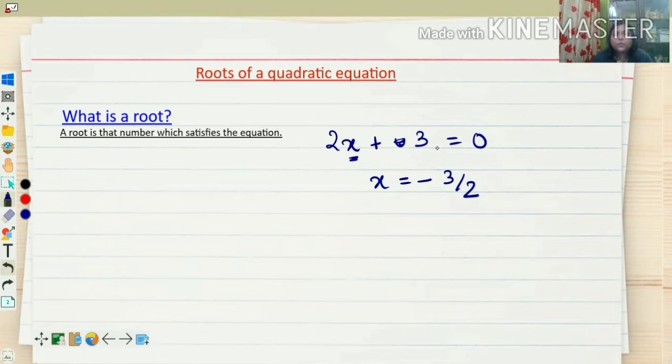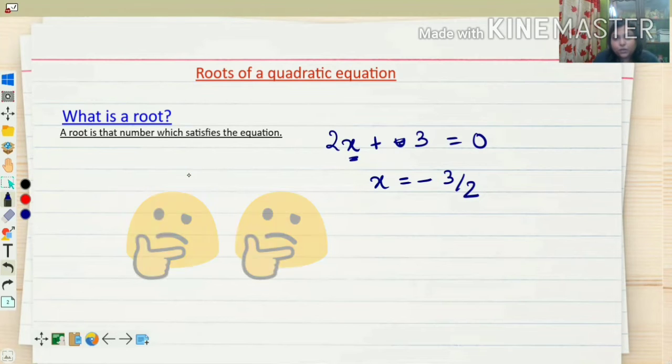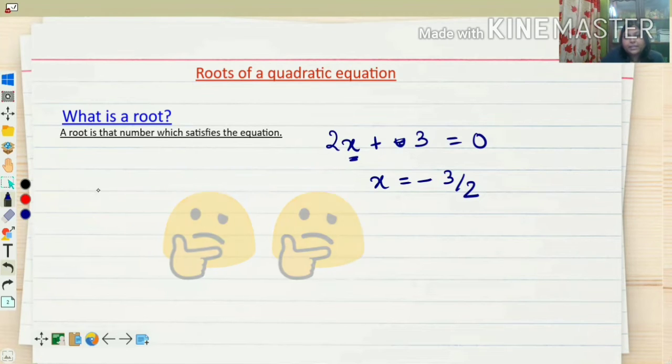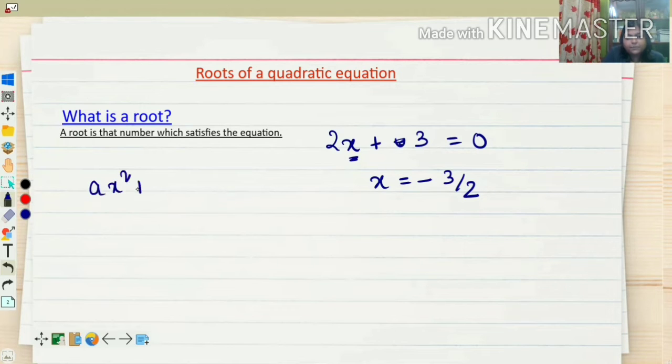Now, what will be the root of a quadratic equation? Any number which satisfies the quadratic equation. We are taking the standard quadratic equation, that is ax square plus bx plus c equals 0. Now any number which satisfies this equation, let it be alpha.